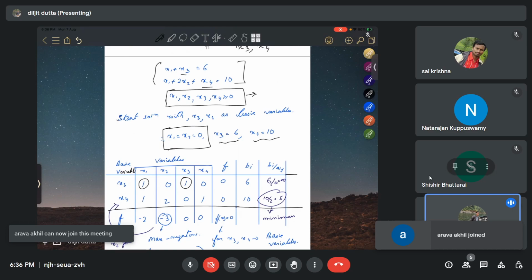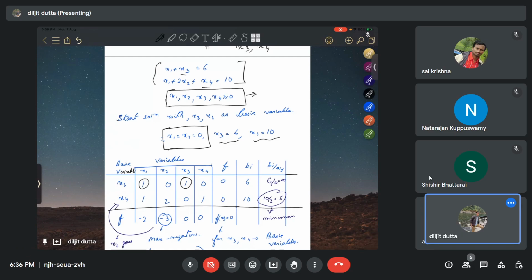So we have written it in this form. Then the sixth column is the value of f. There is no f in the constraint, so we keep it 0. Here bi is the value on the right hand side; in this case it is 6. The last column, bi over aij, I will come to later after doing the operation.